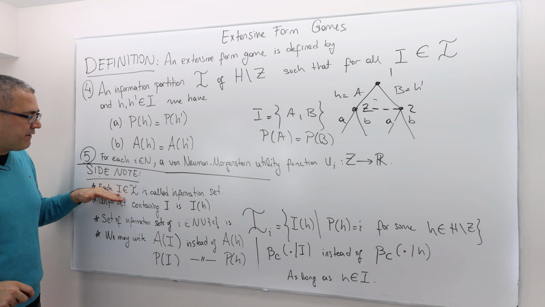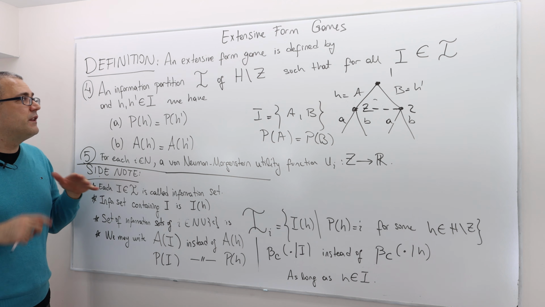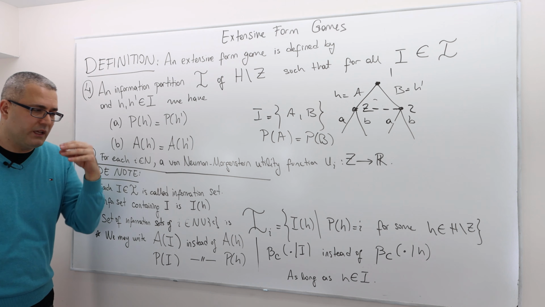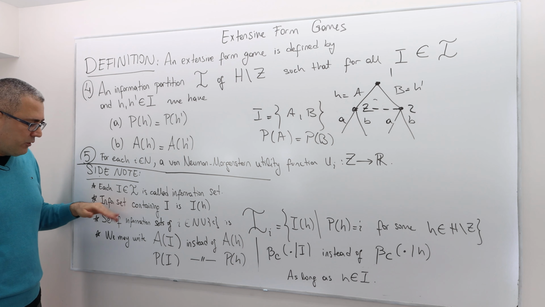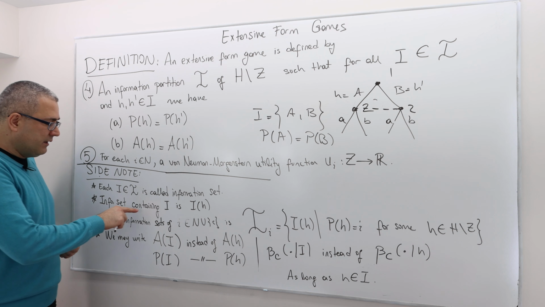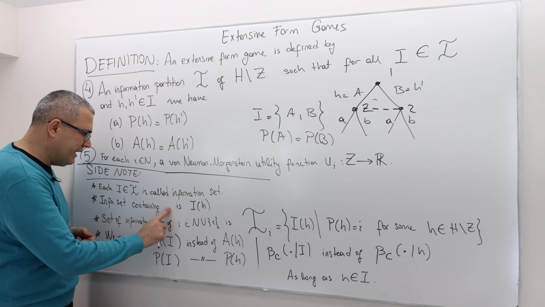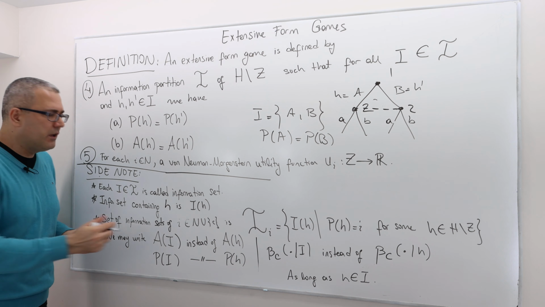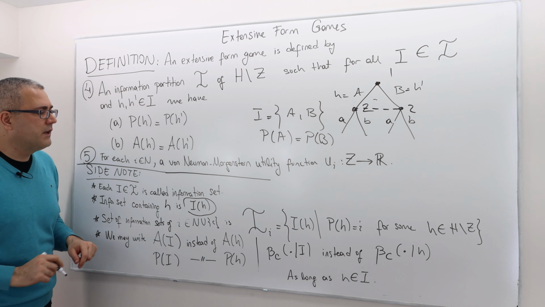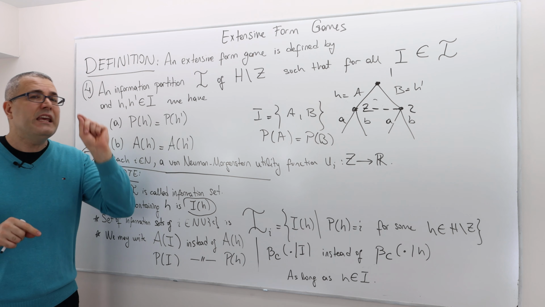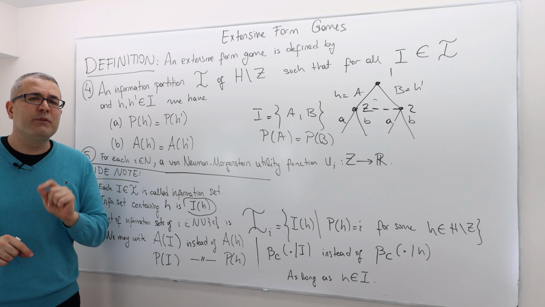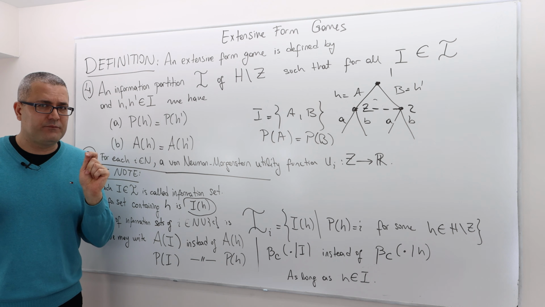As I said, every I, which is an element of this information partition, is called an information set. An info set containing a history H is going to be denoted by I of H, all right? So remember, a history can be an element of only one info set.